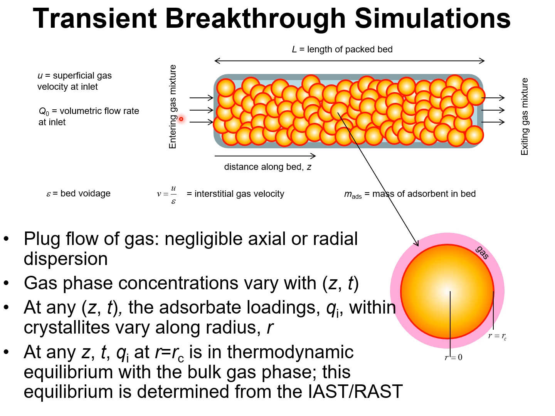The gas phase concentrations vary with Z and time t, and at any Z and t, the adsorbate loadings Qi, say in units of moles per kilogram, within the crystallites vary along the radius.